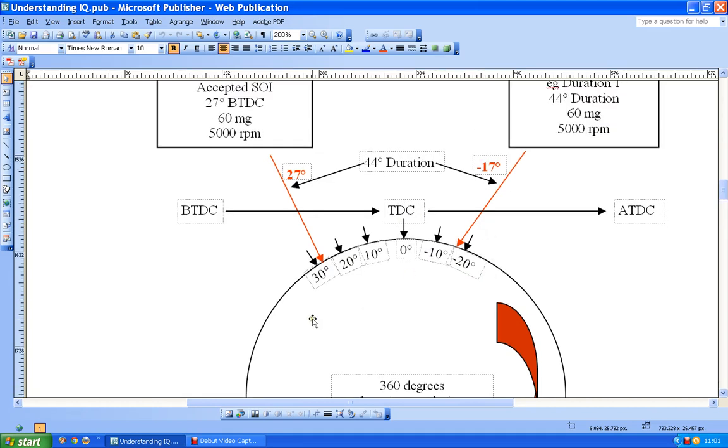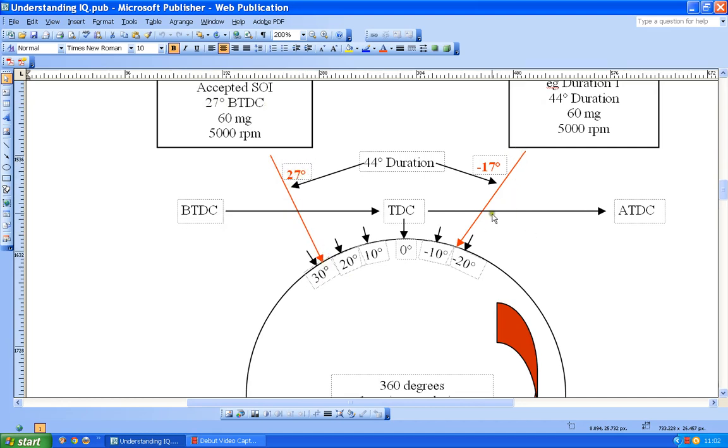Right. What I've done is I've marked 0, obviously, and obviously this is not accurate, I just made this up. I've put minus 10 and minus 20 there, hence the 2 arrows, and then I've put 10, 20, 30 this side, so that's what the 3 arrows are pointing at. And then I've put a red arrow down here, which is for my 27 degrees before top dead center. Again, it's not accurate, but I'm saying there's roughly where 27 degrees would start, so I've written 27.